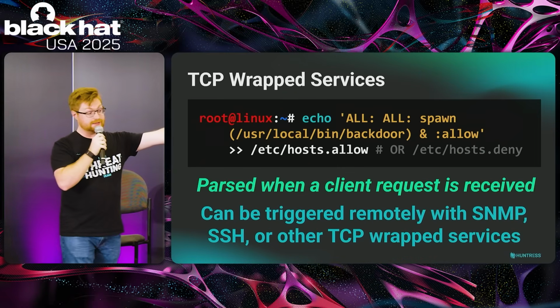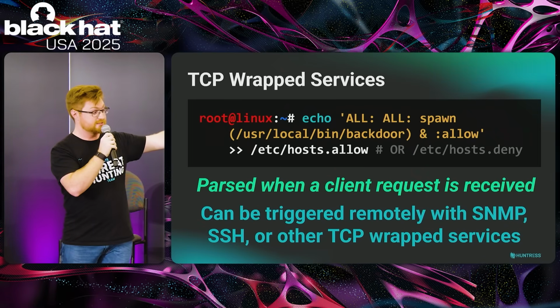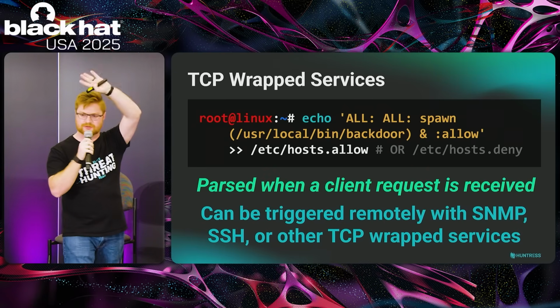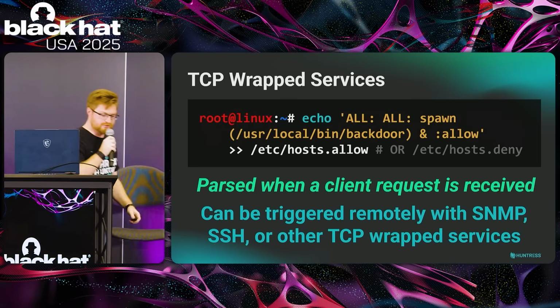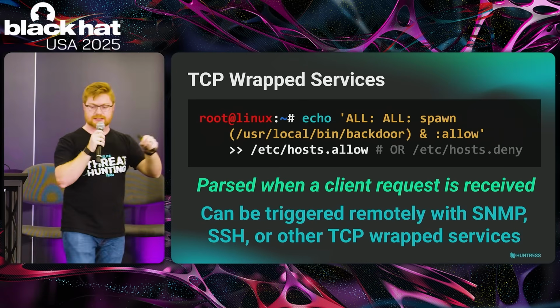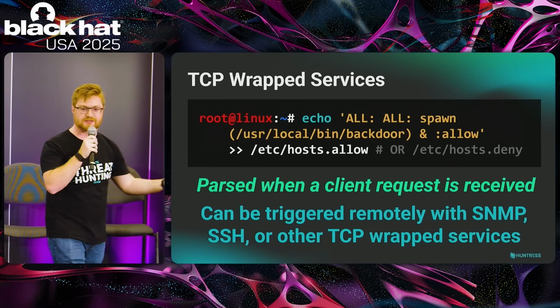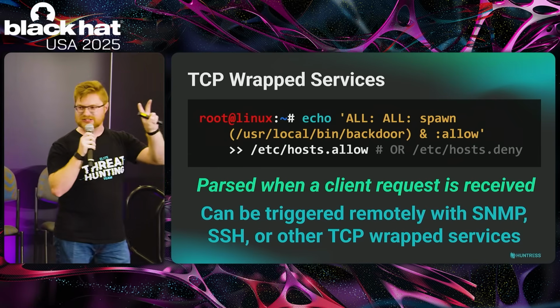Now this one is honestly one of my favorites, but it is kind of tough to find. Folks heard of TCP wrapped services? It's okay, some have, some not. So if you run ldd, one command to list all the loaded libraries or .so files that some other Linux binaries pull in, you could see libwrap or libtcpwrap.